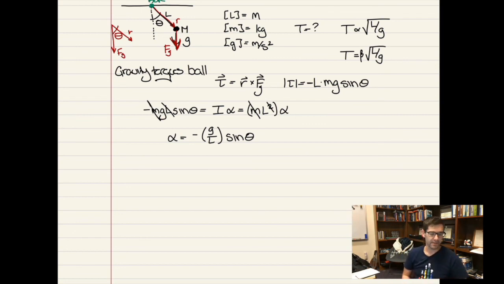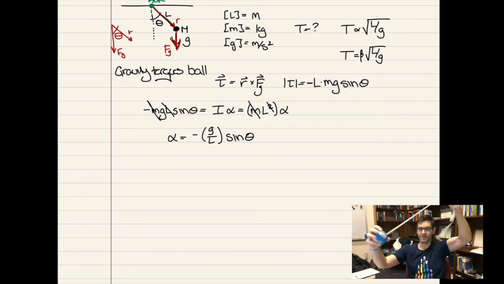This does not quite look like simple harmonic motion. Remember, we want to say acceleration equals minus a number times position, or the angular equivalent, angular acceleration equals minus a number times an angle. So a pendulum released from any arbitrary initial angle would not undergo simple harmonic motion.